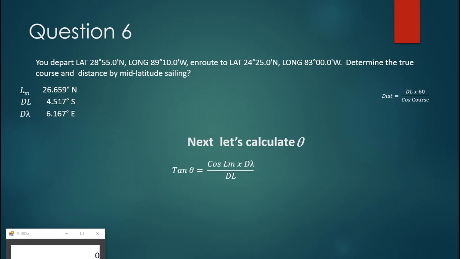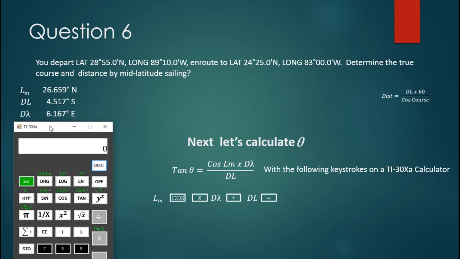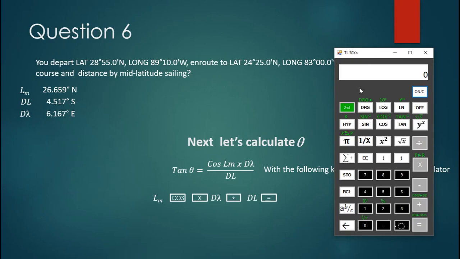And the way we calculate this is with the following keystrokes on our Texas Instrument 30XA. Let's put this over here so we can see everything. Our LM is 26.659. Cosine times our d lambda, which is 6.167.